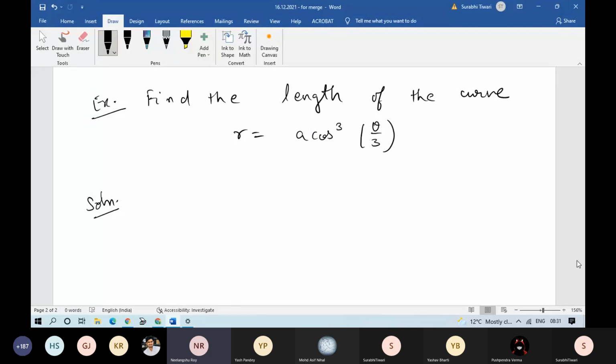Yes, ma'am, this a to the power 4 b to the power 4 expression will always be positive. That is it.